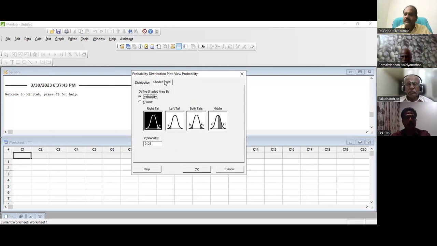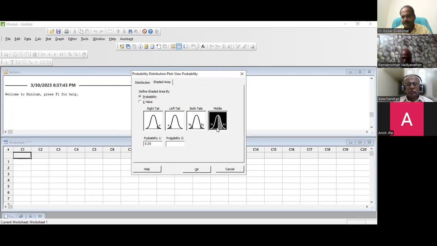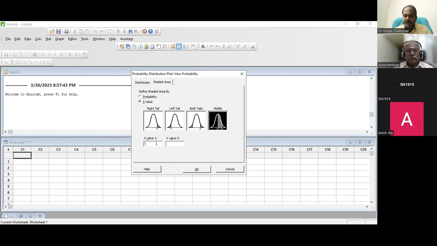Now you go to shaded area and you have to give the X values, and you are expected to find out the area inside. That means the last one, middle area, right? And you have to give X value. Now, what is your X1? What is the question? -1. Area between -1 and +2. That's all. Now everything is done.